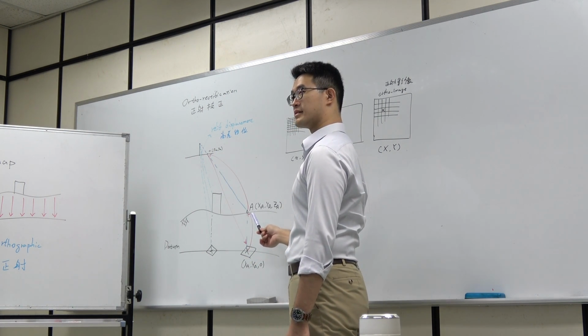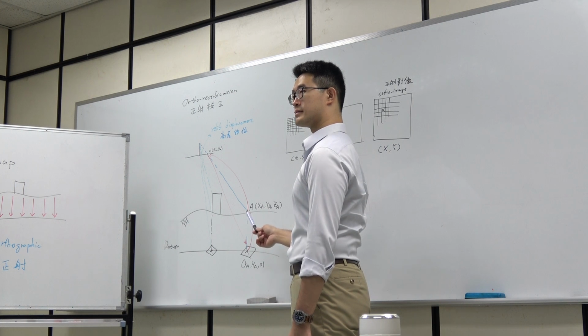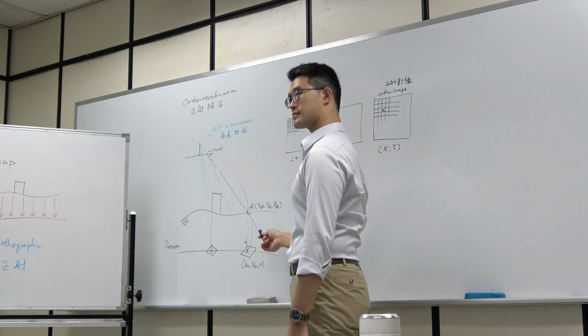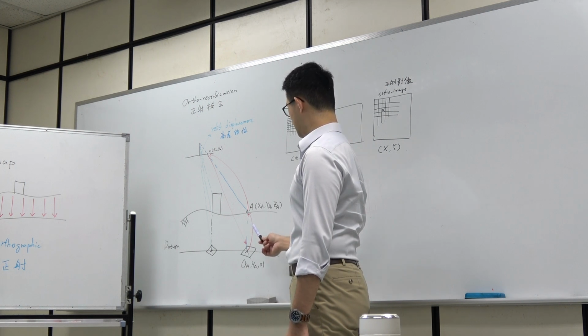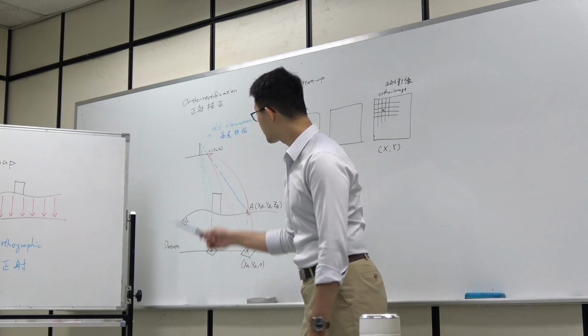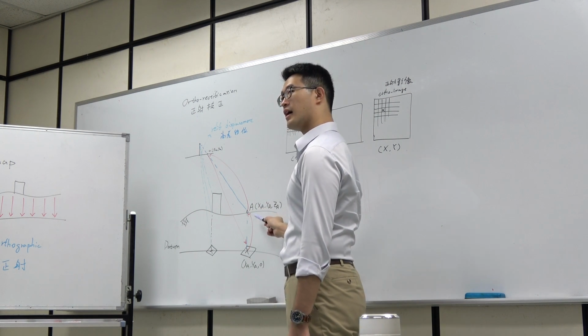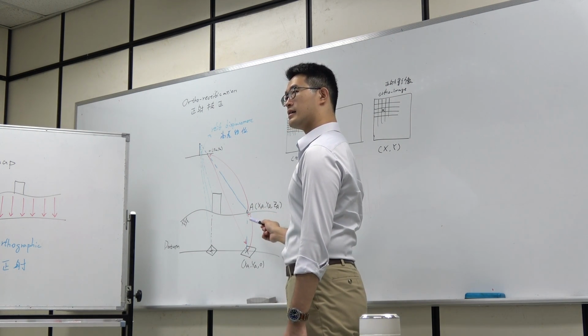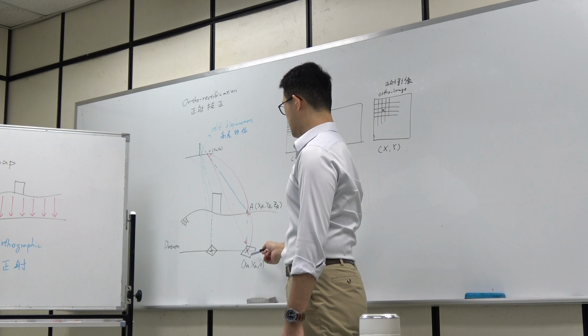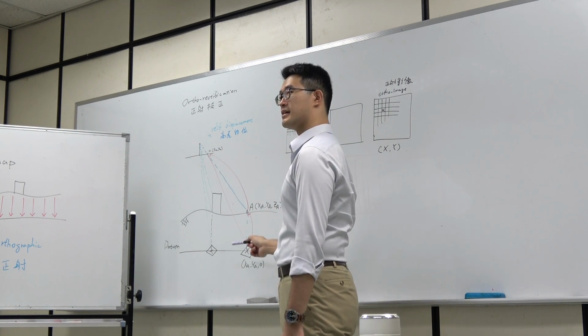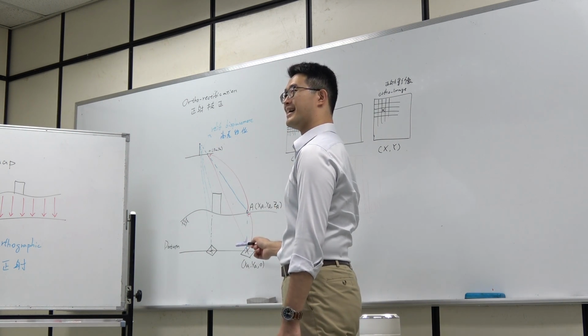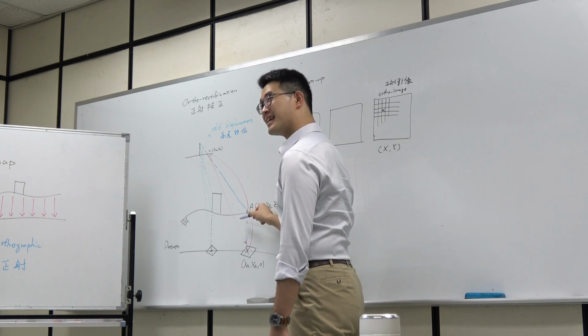Which angle? Small a to dark a to big A, and so small a to big A. And the small a to the map, between this line. Here, this one?